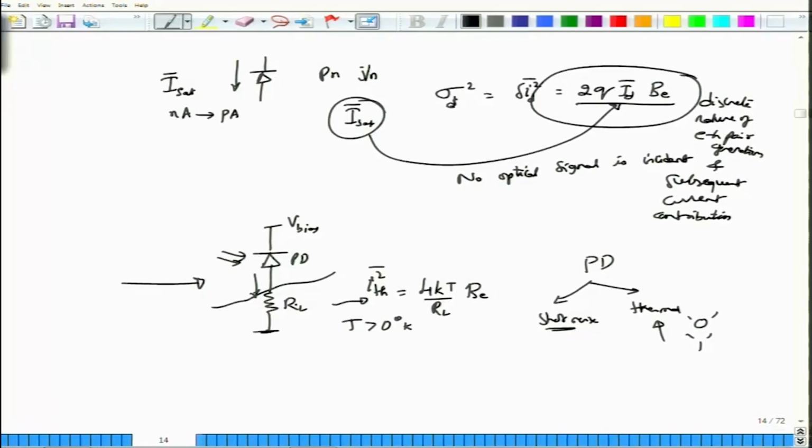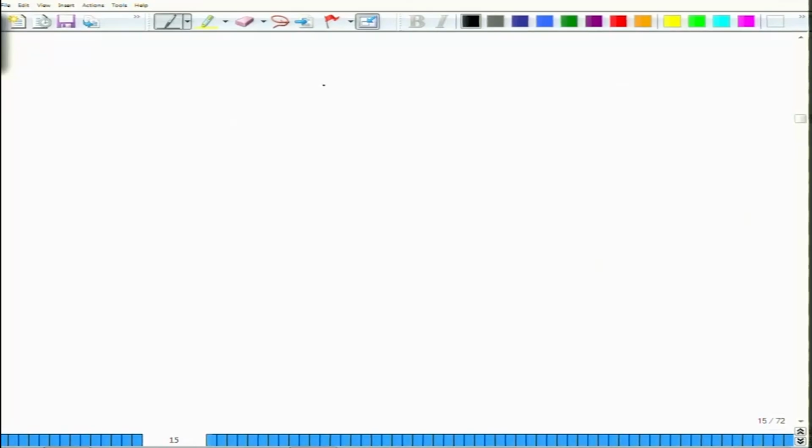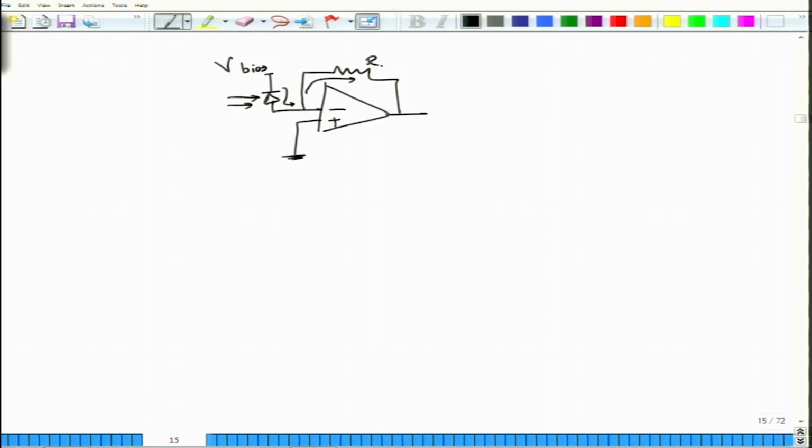So, the actual circuit which is quite popular is what is called the transimpedance circuit. In a transimpedance circuit, you take the photodetector, connect it directly onto the non-inverting terminal, and bias the photodetector in the reverse manner, so that when light is incident there will be photocurrent generated. If you assume that the op amp is ideal, then this current, instead of going through the op amp, will actually get routed and pass through the load R here.